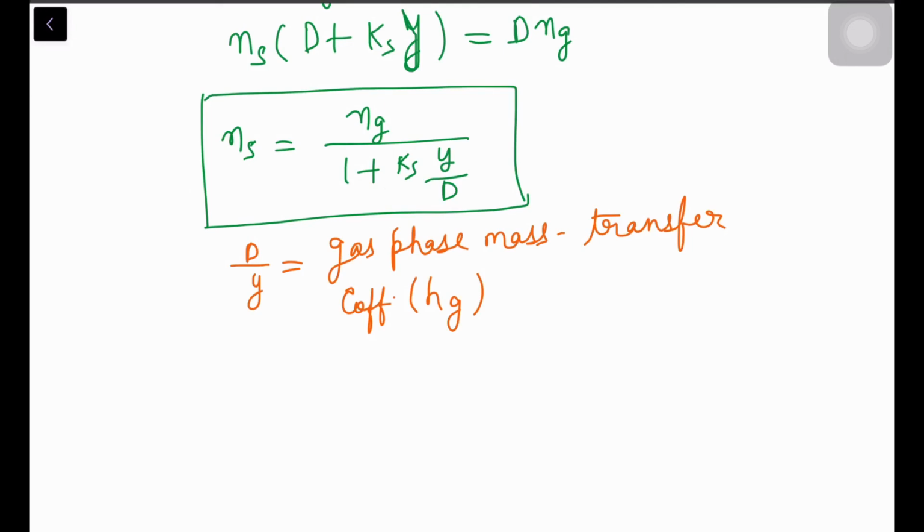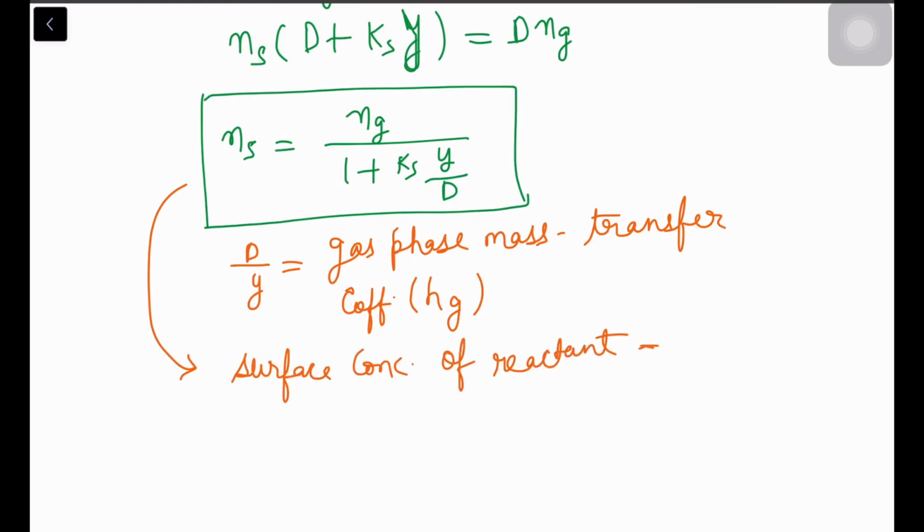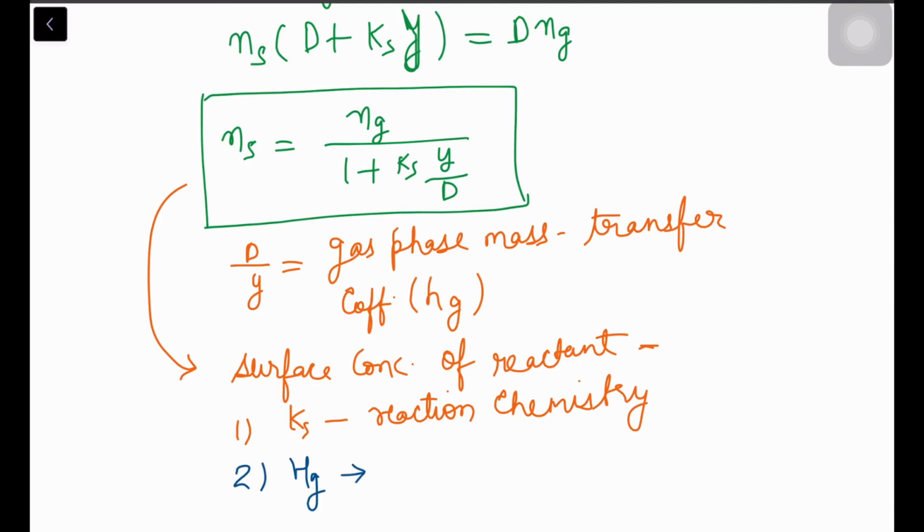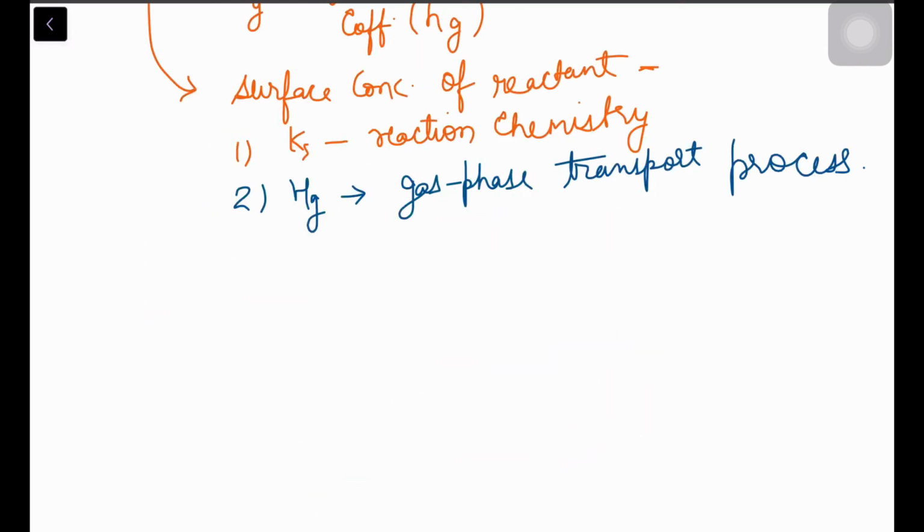From this equation we conclude two points: the surface concentration of reactant depends on Ks, that is reaction chemistry, and the second one is Hg, that means gas phase transport process.